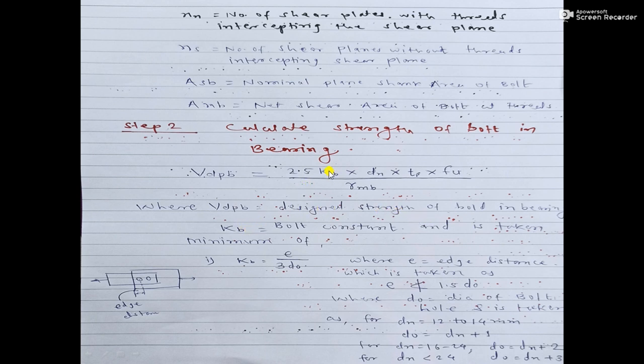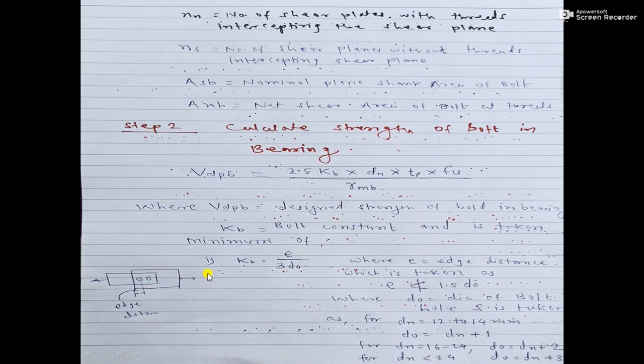Kb is the bolt constant and is taken as the minimum of the following 4 values. In the first one, Kb is equal to E upon 3D0, where E is the edge distance. See here, two plates are connected to each other.